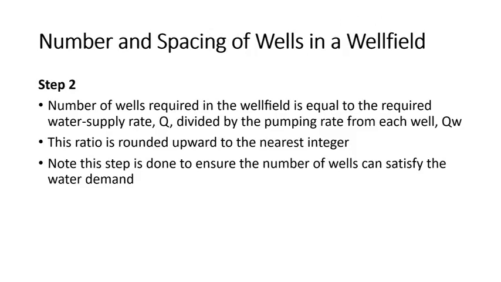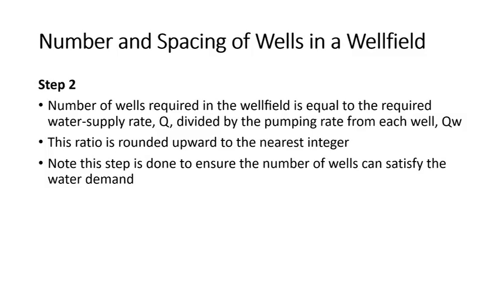And then the second step is to determine how many wells we need. From step 1, we calculated the pumping rate of each well. Now we look at the actual demand requirements.